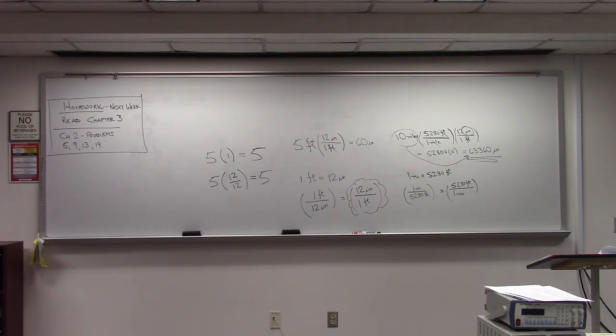So resistivity is given, and that's in ohm meters. So rho is in ohm meters. The length is 1,000 meters, and the cross-sectional area is this. You just plug it in and you get the resistance of that particular one.